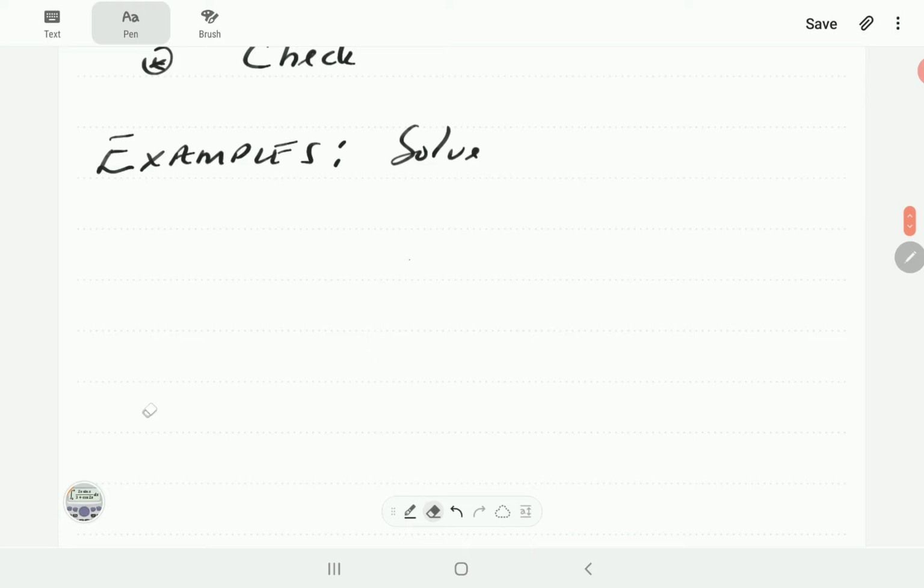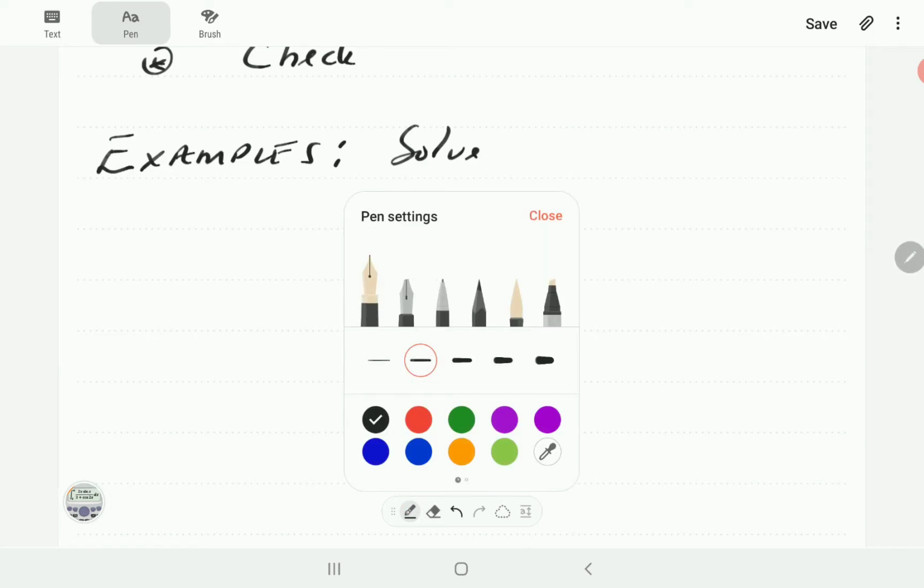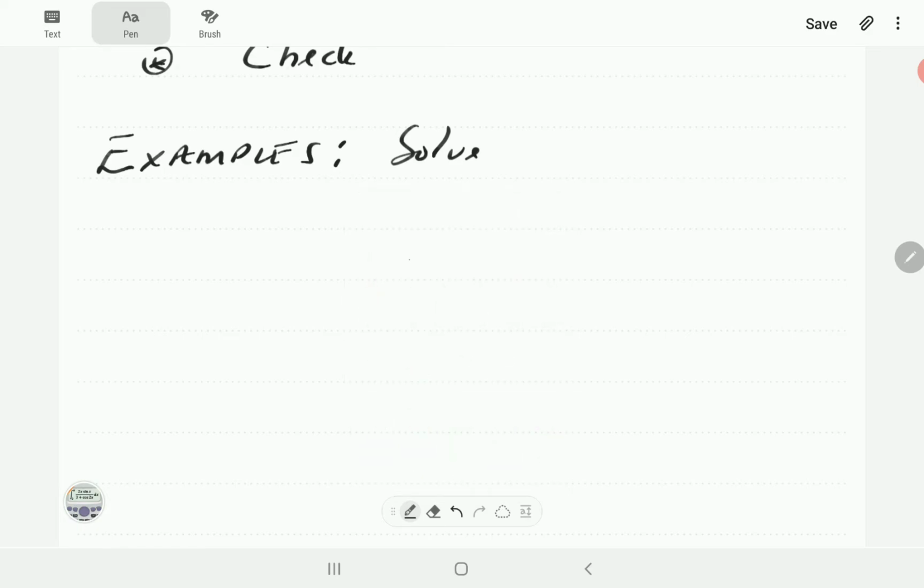So if you are writing an exam or a test, that is going to be a useful thing to do, so that you don't submit something that is obviously wrong.